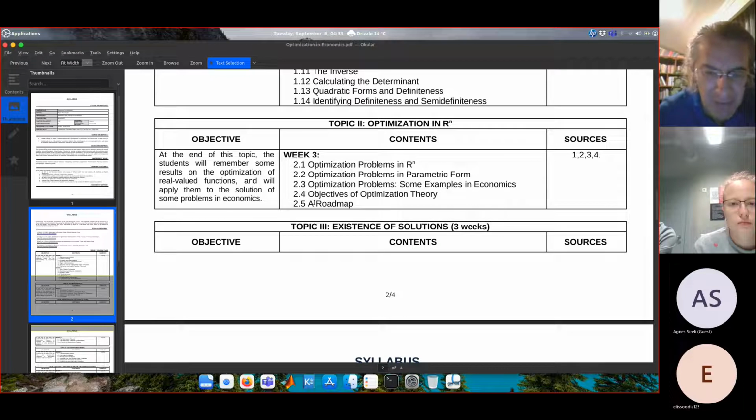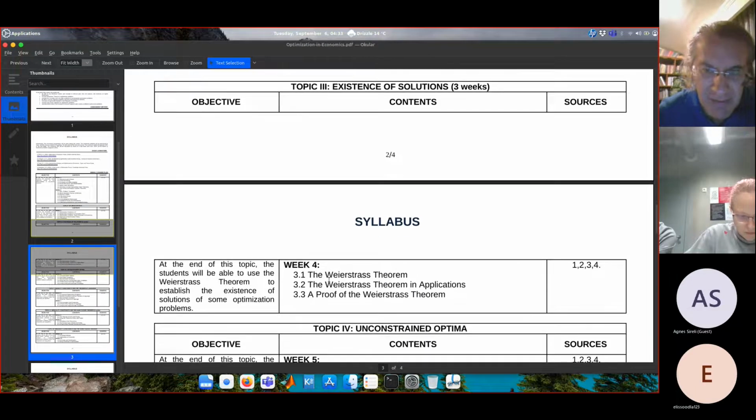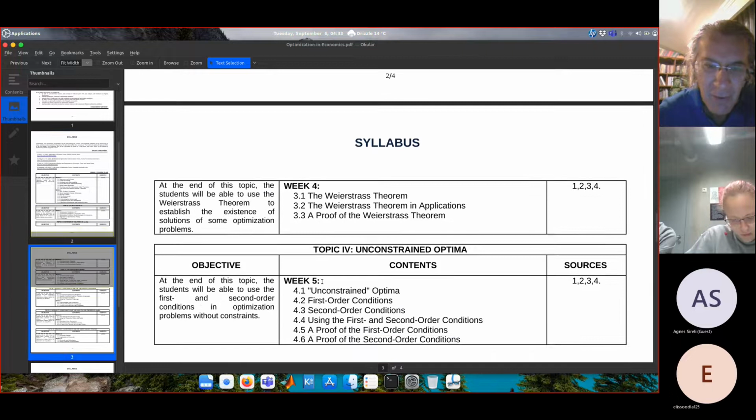This roadmap is what we are going to cover in the next sections, for topic number 3, 4, and so on. Topic number 3 is existence of solutions. It says we are going to cover it in 3 weeks. That's not true. It'll be 1 week.